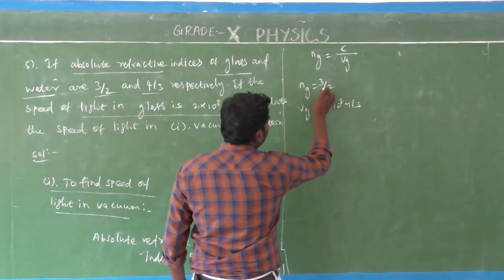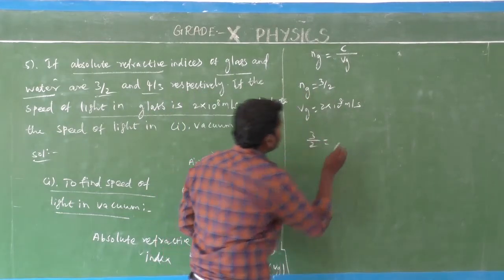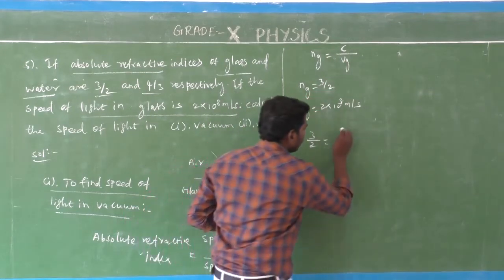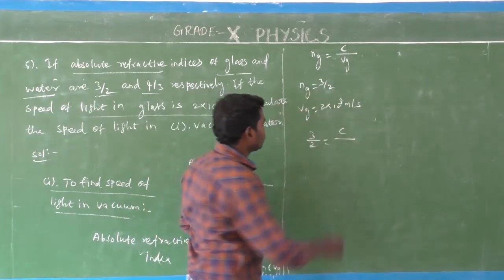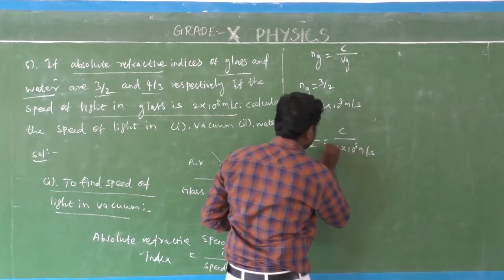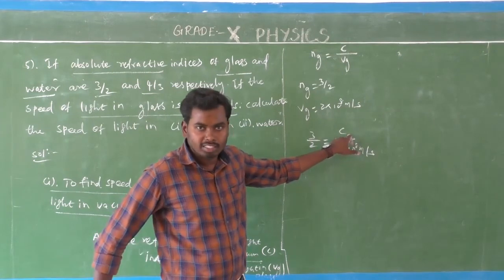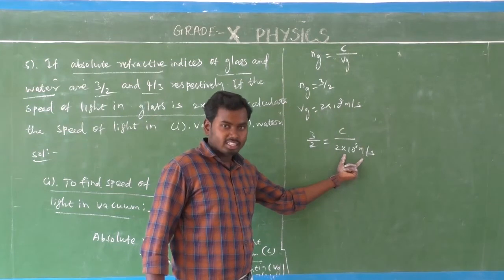So what is the refractive index of glass? 3 by 2 is equal to c divided by the speed of light in glass, which is 2 into 10 to the power of 8 meter per second. We need to calculate the c value, which means the speed of light in vacuum. So when this one comes out of the denominator, the division changes into multiplication.